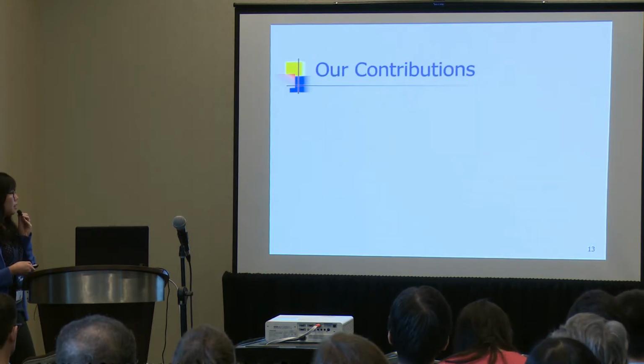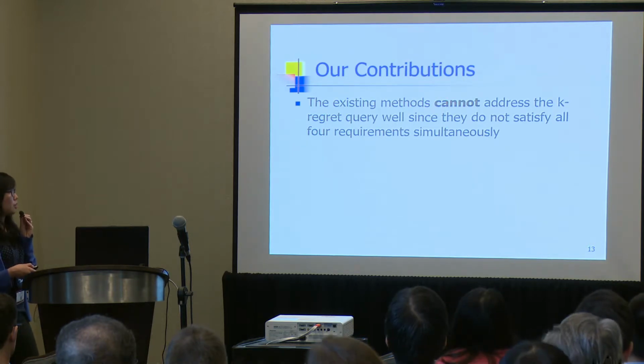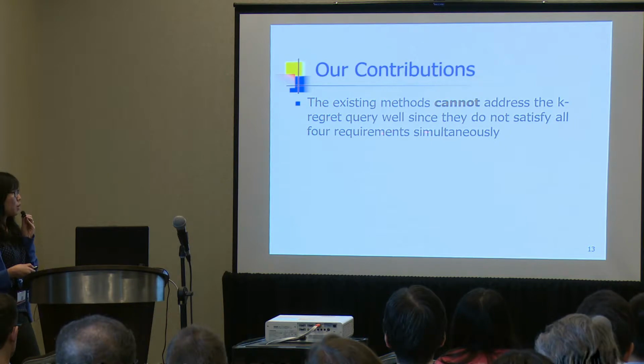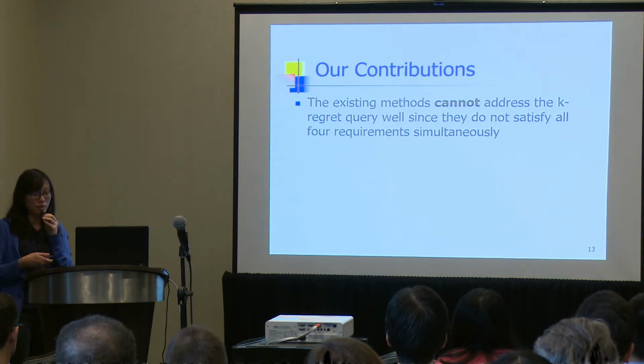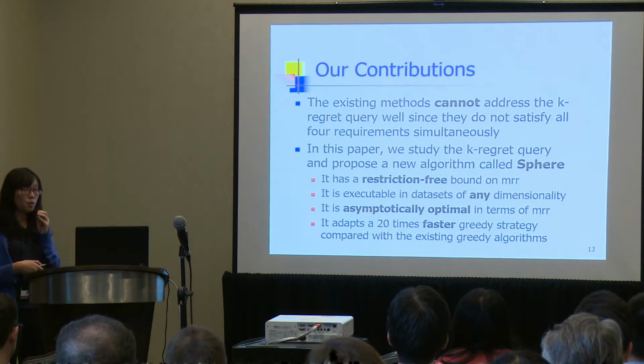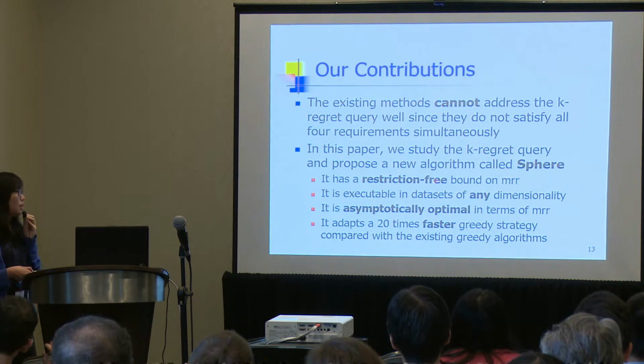Motivated by this, the existing methods cannot solve the k-regret query well since they cannot satisfy all 4 requirements simultaneously. So in this paper, we also studied the k-regret query, and we proposed a new algorithm called Sphere. It has some attractive features.